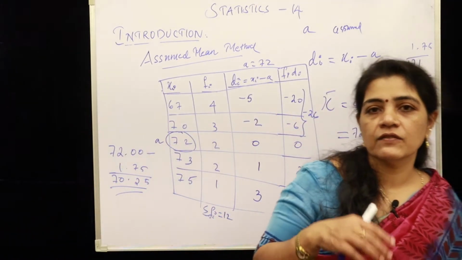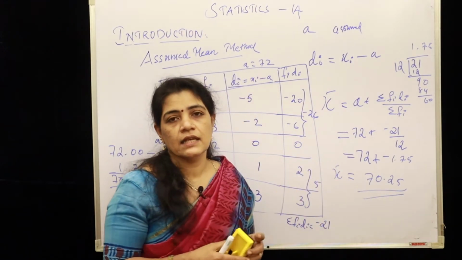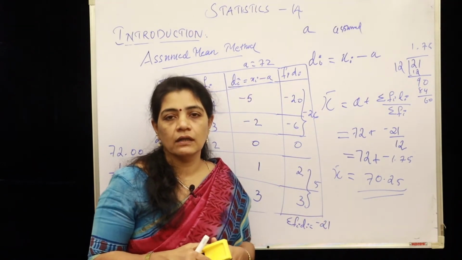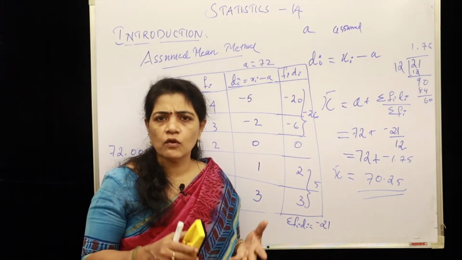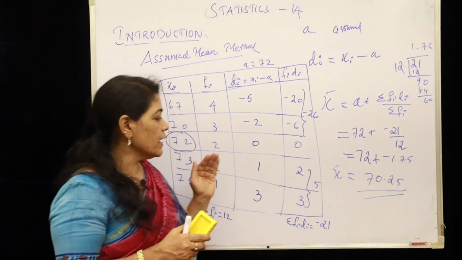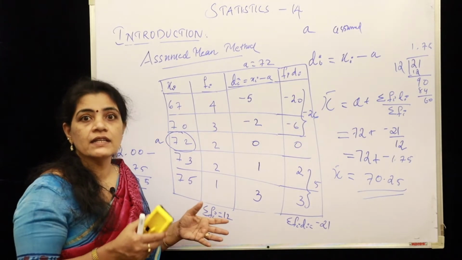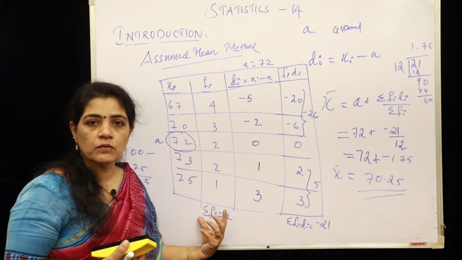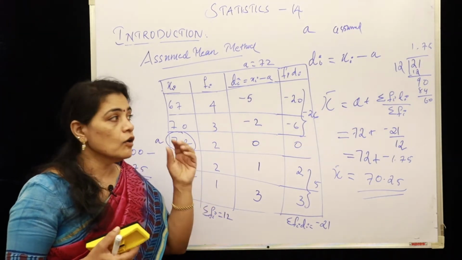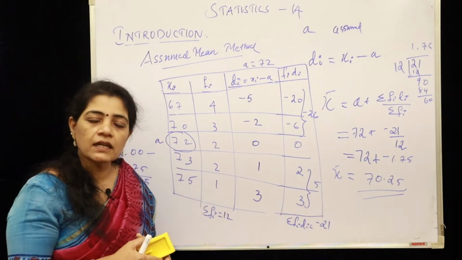Now we are moving to how to compute this for a continuous frequency distribution. Here we have discussed the discrete case. It's quite simple, children. If you get this idea very clear, you can easily apply this formula even if the frequency distribution is continuous, that is, if the observations are divided in class interval form.